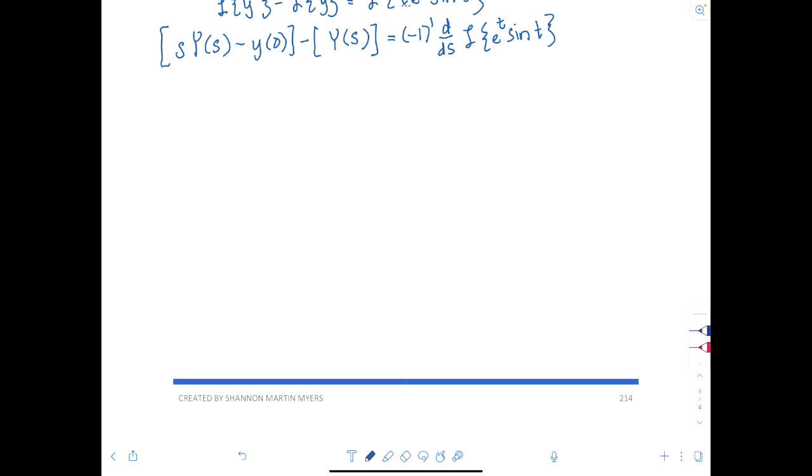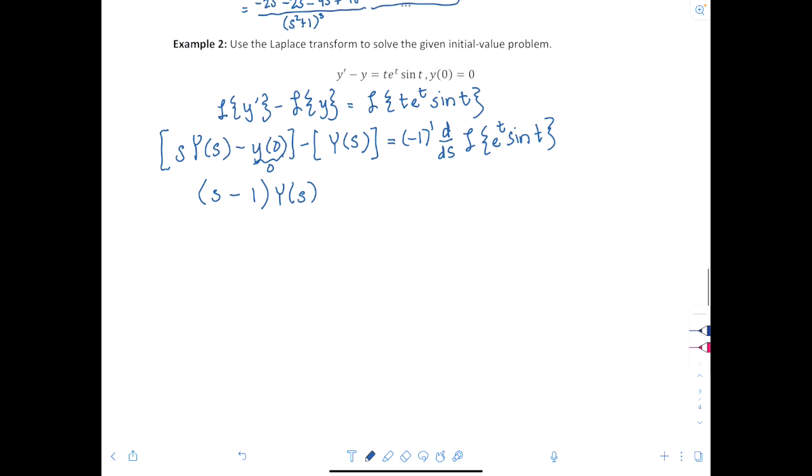Okay, so now let's work with what we have on both sides of the equation. If we factor out a Y at s on the left side, we'll have s minus 1. And then y at 0 is just 0, I believe. Yep.